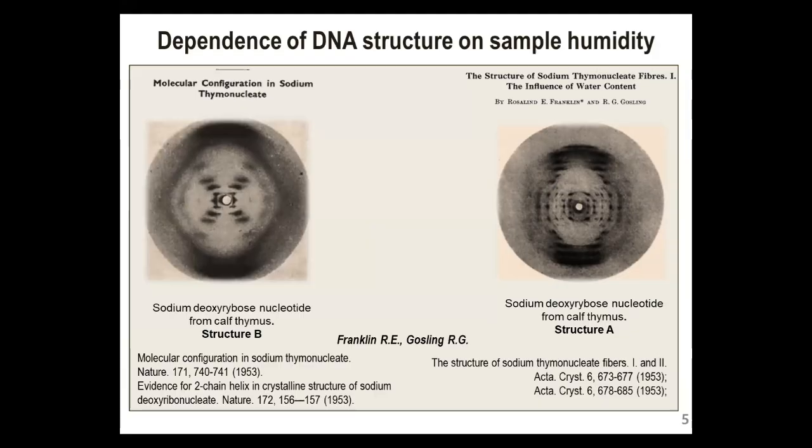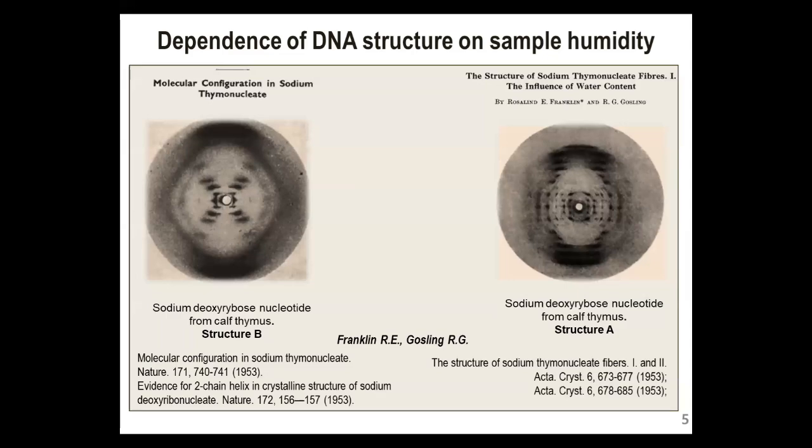In fact, she found the transition between A and B conformation of the double helix. If we decrease the hydration, the double helix is in the shape of A conformation, and if we increase hydration, this conformation changes to B.